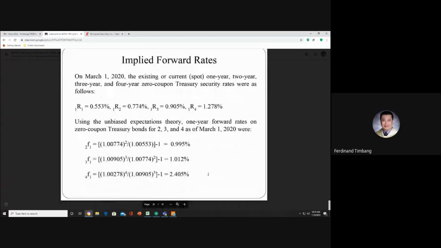Example tayo ngayon. We have March 1, 2020, the existing or current spot 1 year, 2 year, 3 year, and 4 year zero coupon treasury security rates were as follows: 1R1, 1R2, 1R3, and 1R4. Using the unbiased expectations theory, the 1 year forward rates on zero coupon treasury bonds for 2, 3, and 4 years as of March 1, 2020 were, i-divide lang natin.